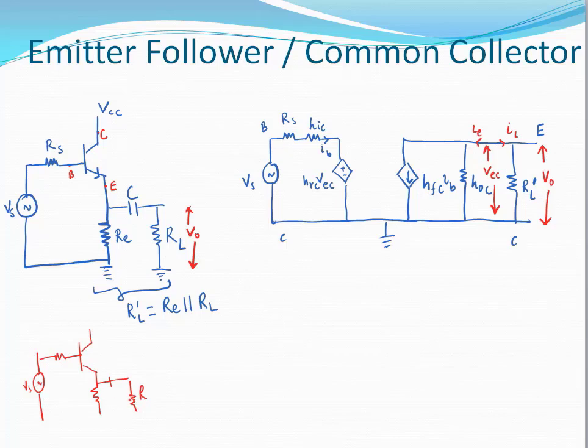This is RL, RE, all are short grounded, and it will also be grounded for AC analysis. And after AC analysis we will draw, this is RS and this is RE, RL dash. We will draw the hybrid model for that given circuit.